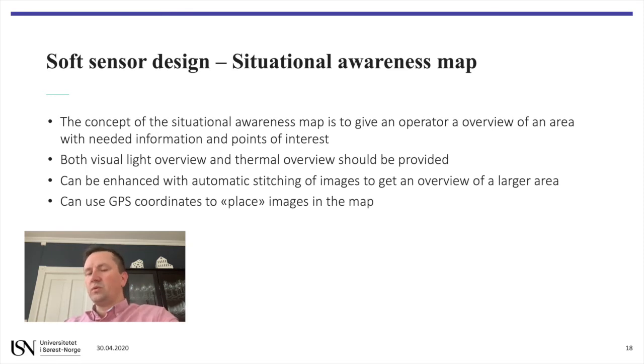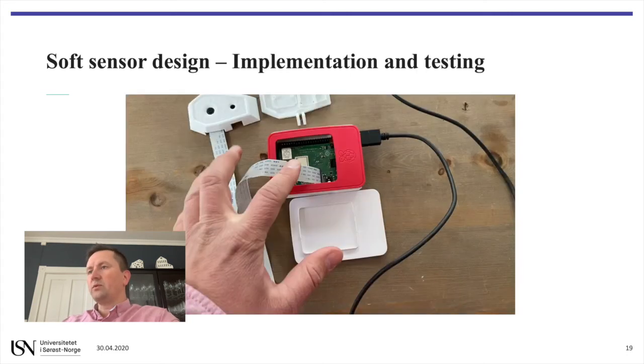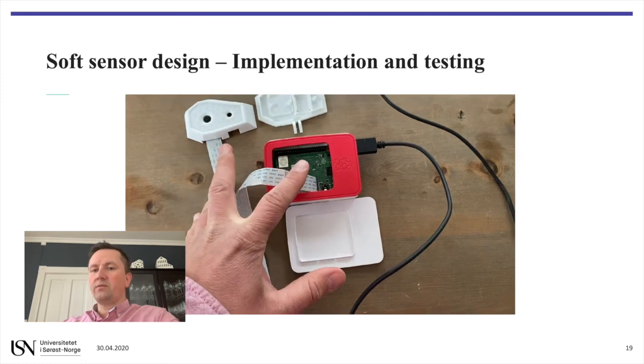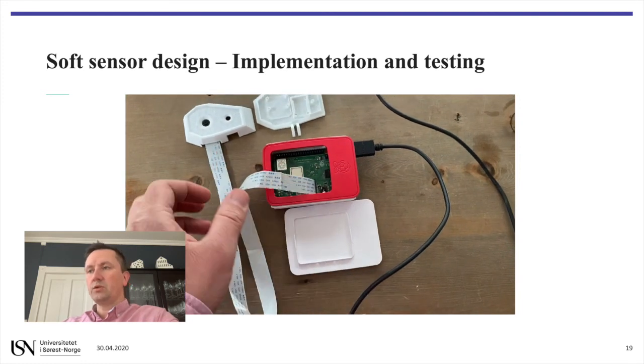And this would be possible to enhance by stitching together several images and to create a larger overview of an area. And then we could use, for example, GPS coordinates to pinpoint where the images should be placed in this map.